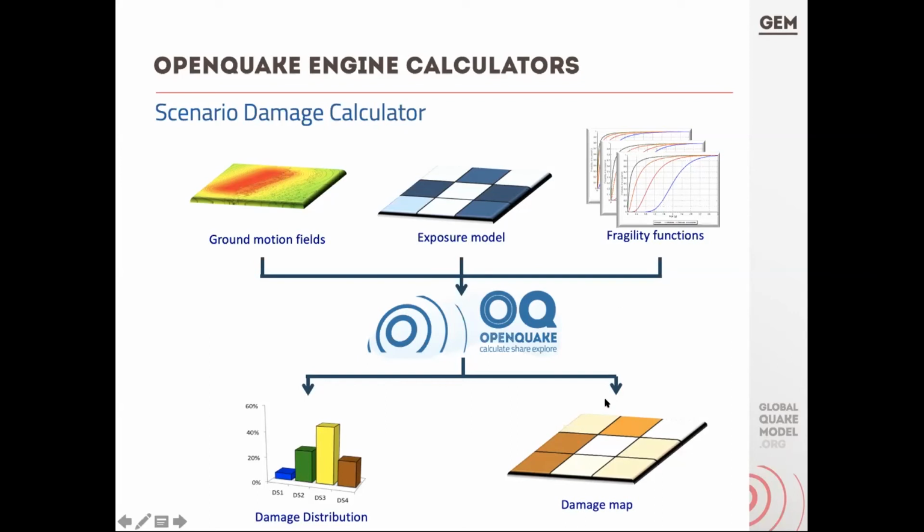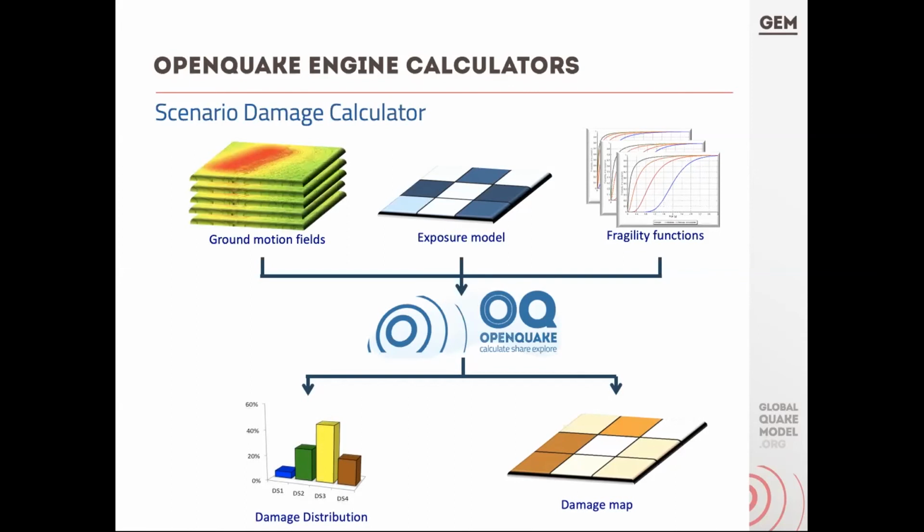This is if I use the median value, but then we can also do multiple simulations of the ground motion field to include the aleatory variability, and we get the same statistics. As risk modelers, we really encourage to use multiple realizations, because usually when you use the median value, you underestimate your losses.